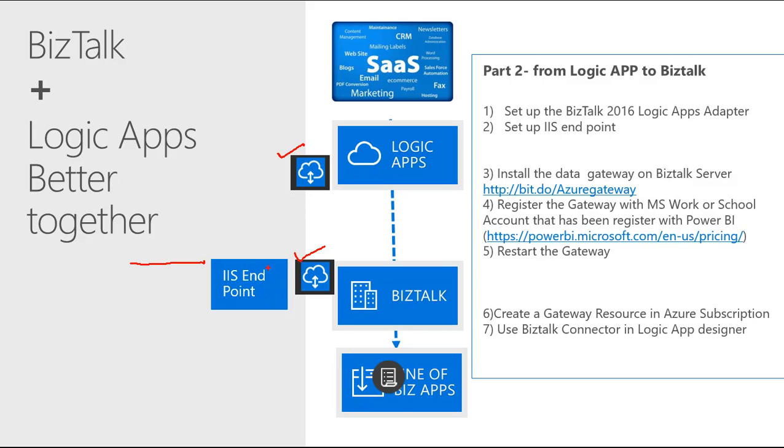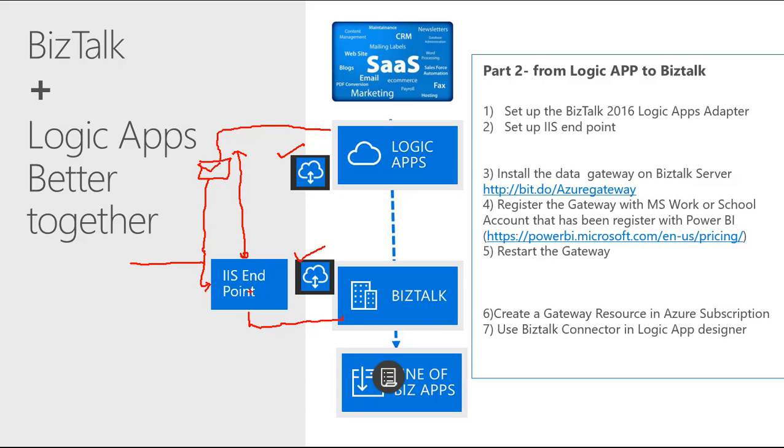Now on your premises you also need to set up an IIS endpoint, and through this endpoint the schemas and your receive location would be exposed to the designer in Logic App, and from Logic App, based on the schema, you can push the message to the BizTalk server via the IIS endpoint.